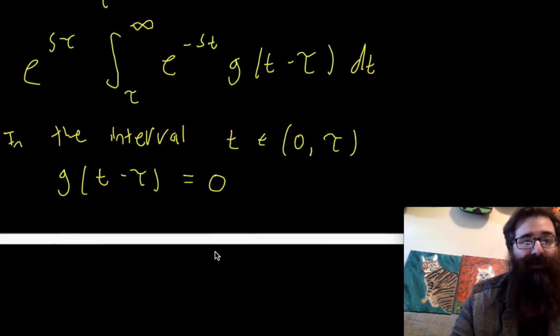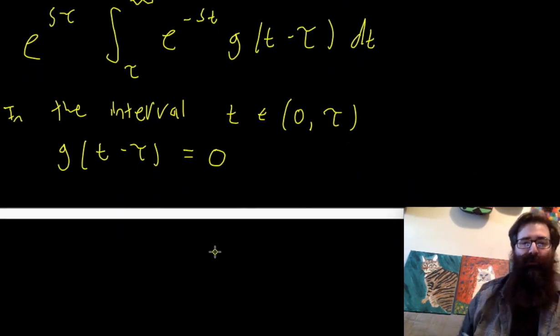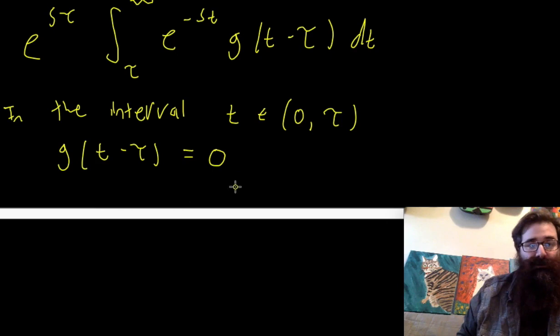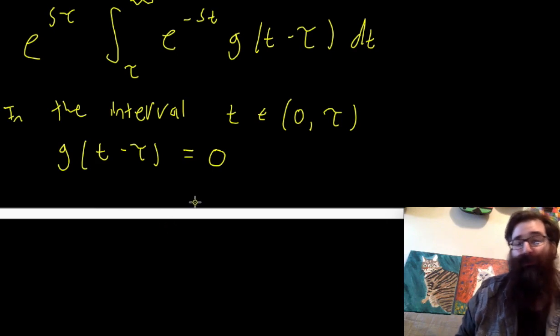So finally, coming to where we want to be, if t is in the interval from 0 to tau, the function g takes on the value 0, which is fine. It's not anything that we need, but in this case we want it.